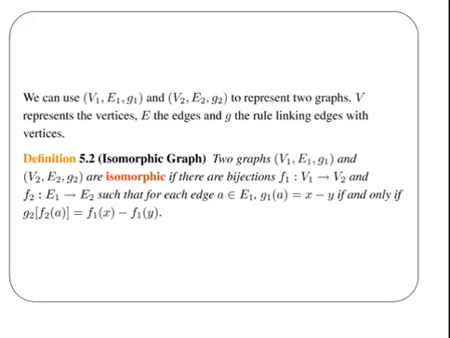Two graphs are isomorphic if there are bijections. Remember bijections from functions. So f1 mapping from V1 to V2, and an f2, which is another mapping from E1 to E2. It's like the mappings, the correspondence we've done previously, such that for each edge in the set of edges, we can develop a rule for the edges or for the vertices.